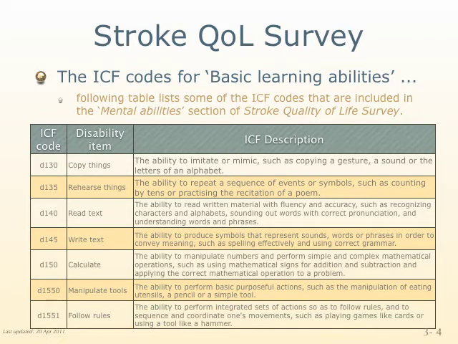Then there is the disability item called Follow Rules, which corresponds with ICF code D1551, or the ability to perform integrated sets of actions so as to follow rules and to sequence and coordinate one's movements, such as playing games like cards or using a tool like a hammer. There are more disability items within this group, but this gives an idea of the sorts of things that become part of the Stroke Quality of Life survey.